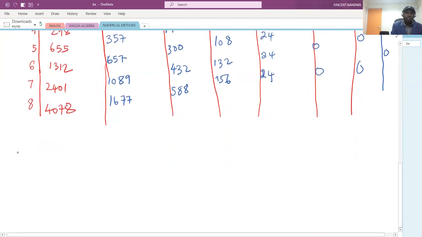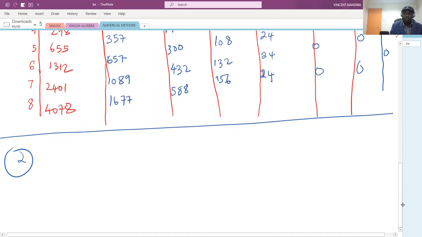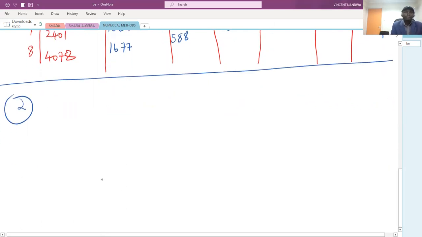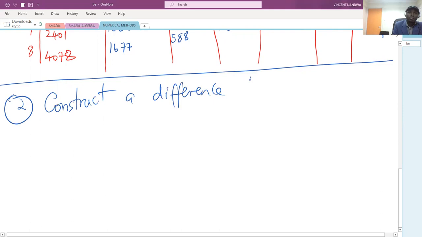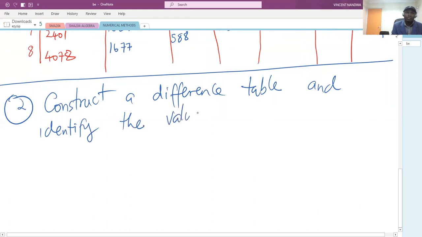So number 2: construct a difference table and identify the value with an error from the following list.